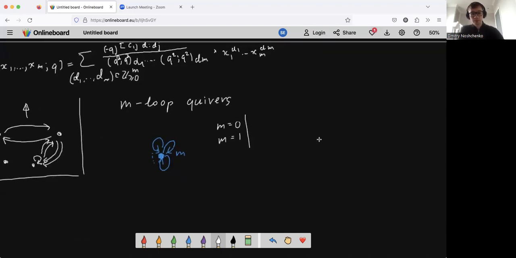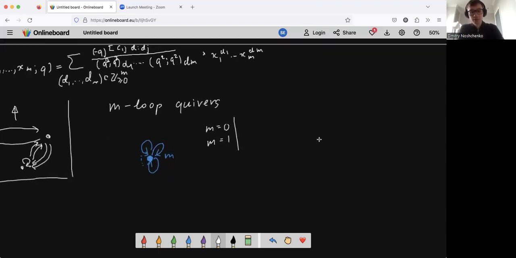In fact, these are special cases, and you will see in a moment why they're very special. So let's just write the motivic generating function. Let's first write it in general for general m.